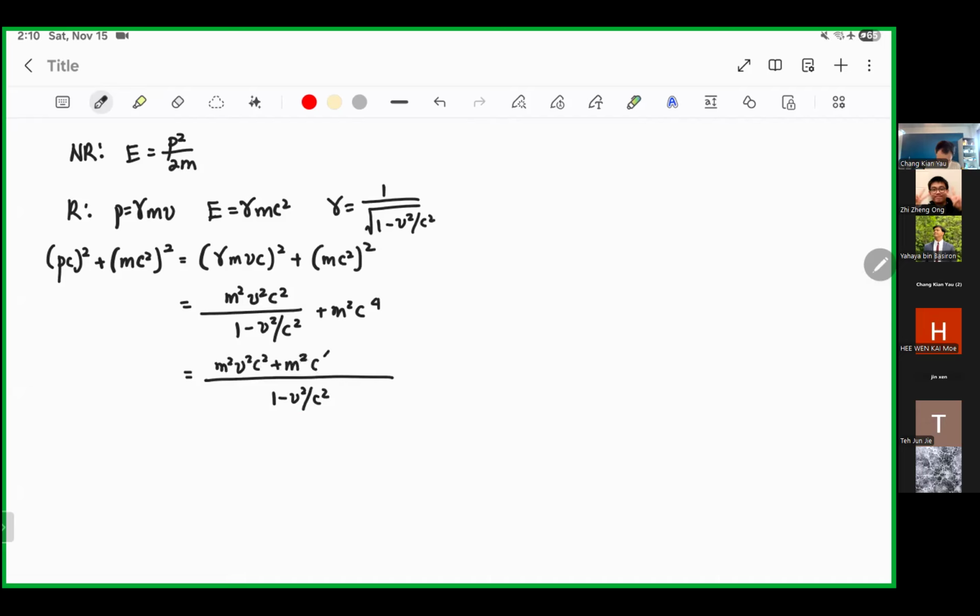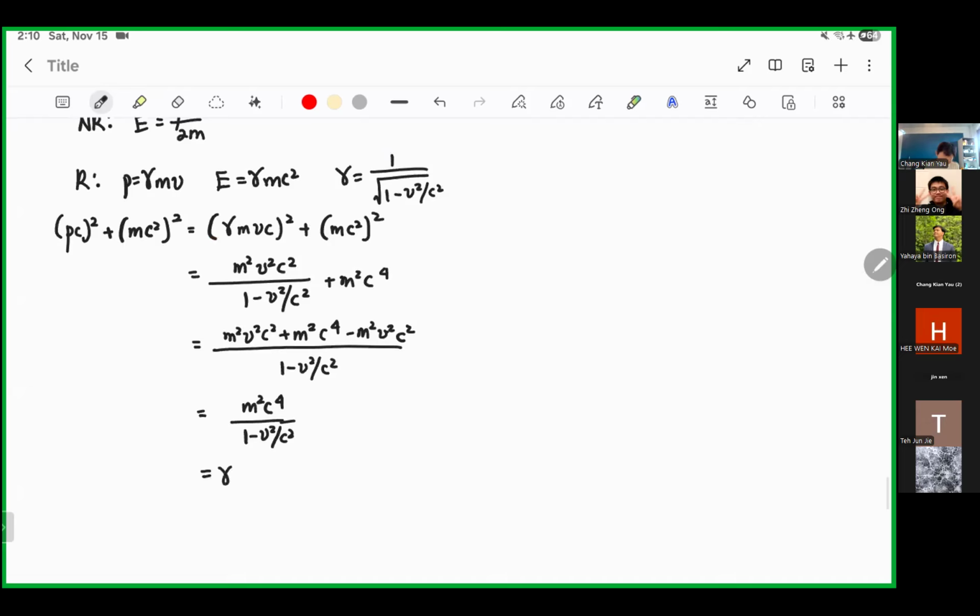We get m squared c to the power of 4 times 1 minus v squared over c squared, plus m squared v squared c squared. Let's write this as gamma squared m squared c to the power 4. So this is just gamma mc squared, which is just the energy squared.